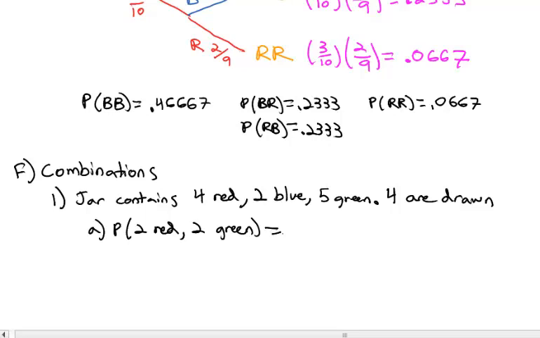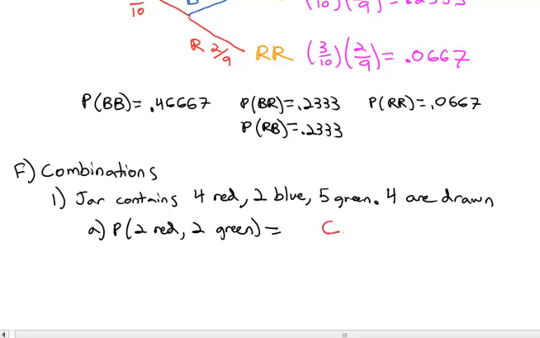Now, one thing I notice here is we again don't care about the order the marbles are drawn. I'm not asking for the probability of red, red, green, green. All I want is 2 reds and 2 greens in the final solution. I don't care what order. In that case, we can use a combination. But since we're talking about reds and greens, we need a combination for both situations.